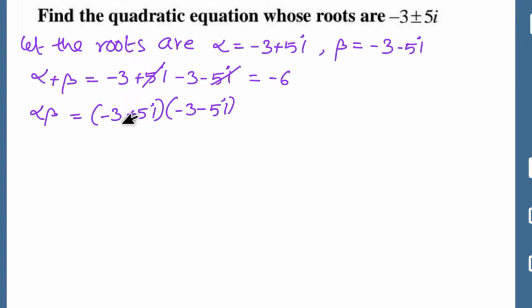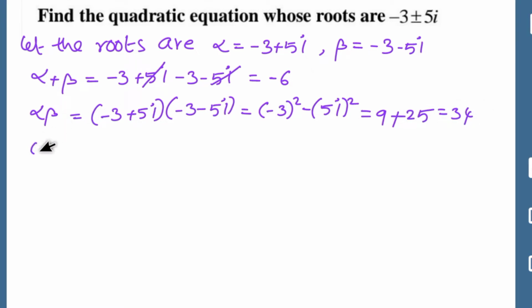So minus 3 is a, 5i is b. So a plus b into a minus b, a square minus b square. 5i square. So minus 3 square value 9 minus 5 square 25, i square is minus 1, so plus 25 equals to 34.